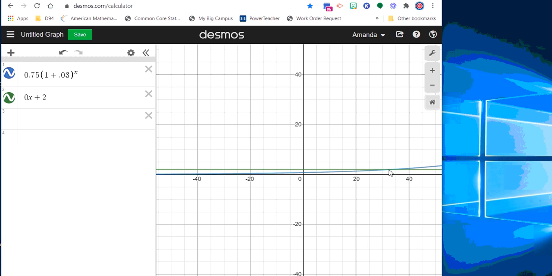And again, to find your intersection point, if you click on your 2 functions, it will tell you where they're exactly the same value. And again, we can see that here, the 33.182 and 2. And again, we add this value to 1995 to get the year that the price of the can of soda exceeds $2.